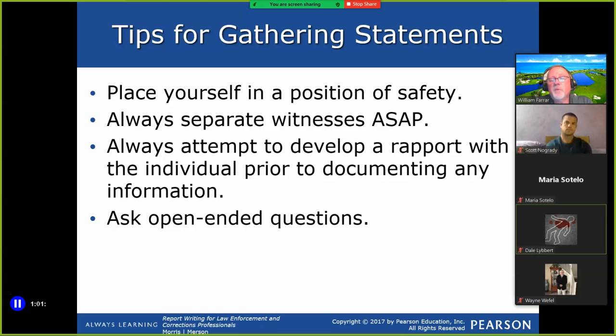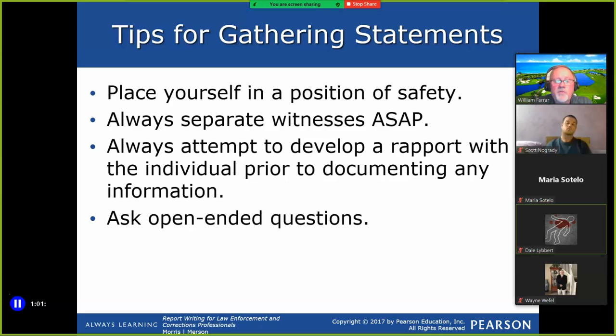So some tips as we finish up: place yourself again in a position of safety. Always separate your witnesses and your victims as quickly as possible. Okay. Always attempt to develop that rapport with an individual prior to documenting any information. Don't forget to ask open-ended questions. That's not a bad idea.